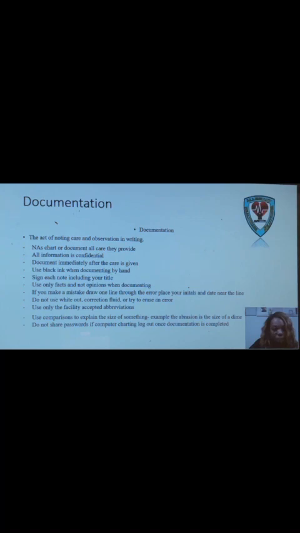For example, an abrasion is the size of a dime, or this wound on the knee is the size of a nickel. Do not share your passwords if computer charting is available or in use. And once you have completed documenting on the computer, you want to log out at once.